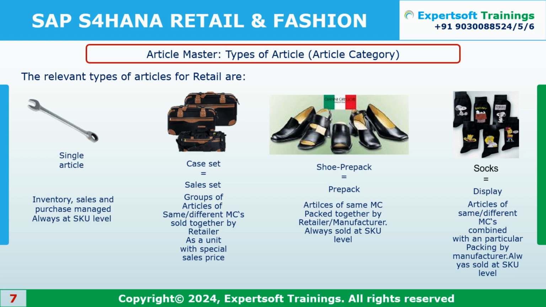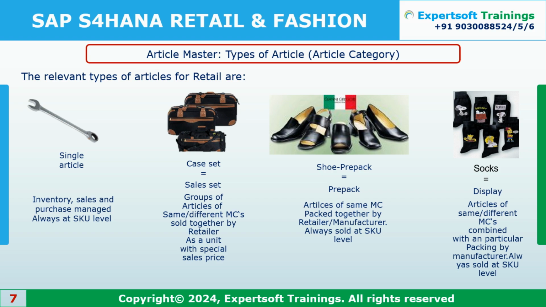So in fashion, typically you see the products having multiple attributes, the most common ones being color and size. So if there are multiple colors and sizes, then one product can exist in different combinations of color and size.